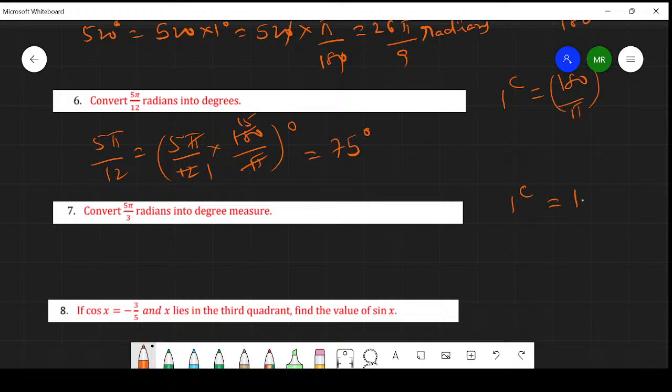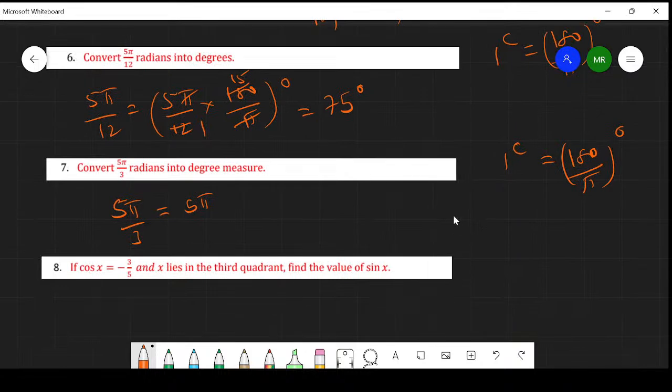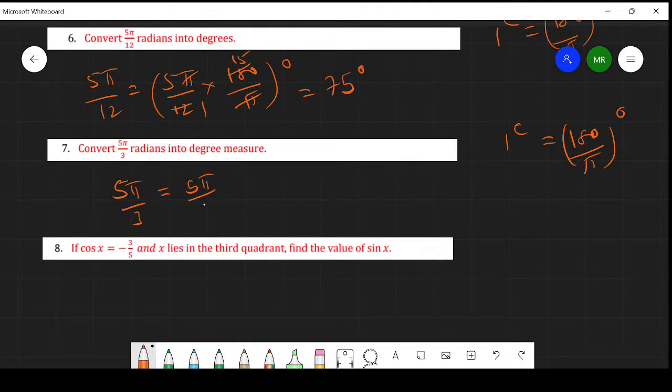Always when you are doing this, we can write 1 radian is equal to 180 by pi degrees. So 5 pi by 3 equals 5 pi by 3 into 180 by pi.